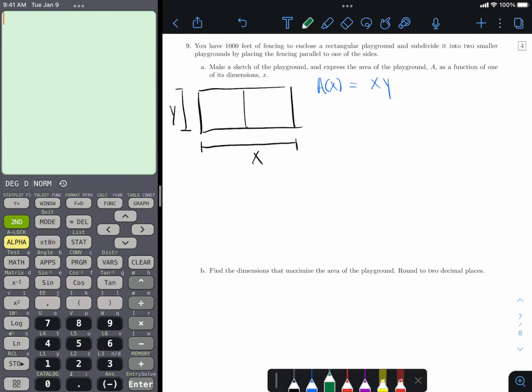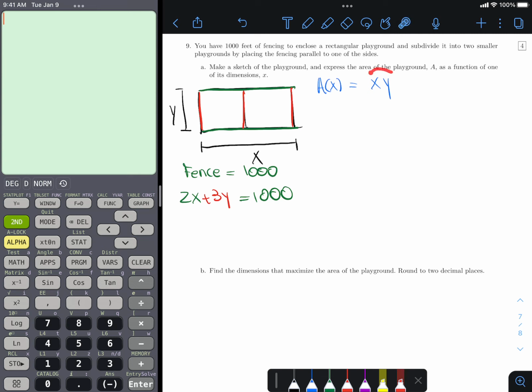So if I write that, the amount of fencing is 1,000. Let's count. I have one x and then another x, so that's two x's. And then I have 1, 2, 3 y's. And that equals 1,000 feet.